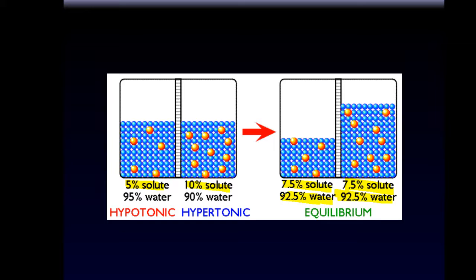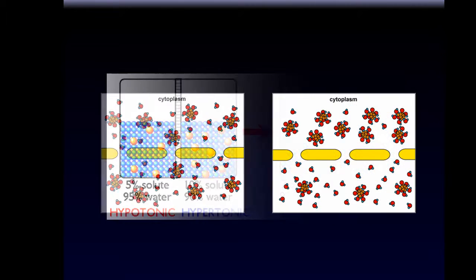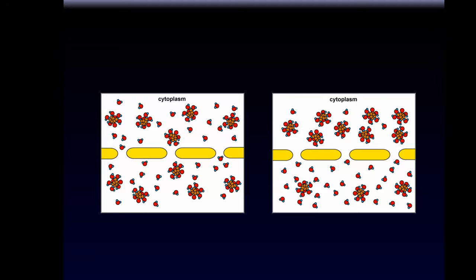And only those molecules that are permeable will move. If the solute could move, it would move too. But in this case, it cannot. Does that make sense? Now look at this example. This is supposed to resemble a cell membrane.